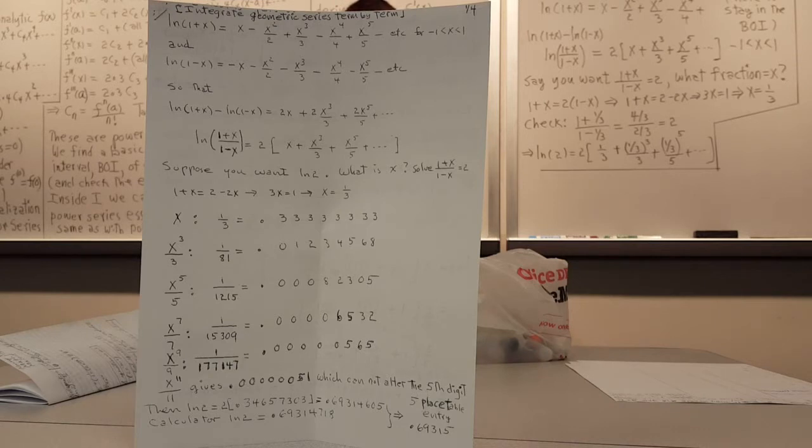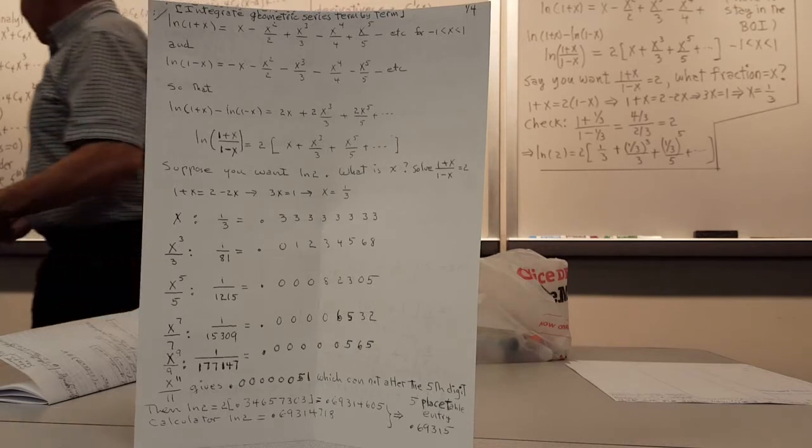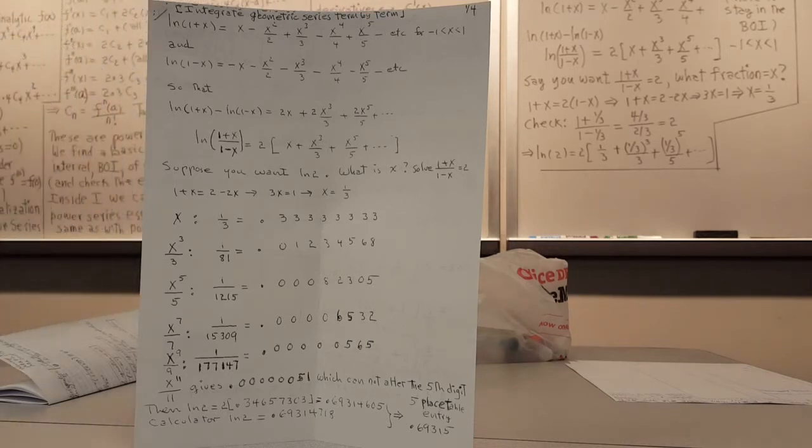Your 5-place table entry then would be .69315, and my calculator gives log 2 as .693147 18. So this will get you a log 2 value in a reasonable amount of time compared, say, with trying to do it this way.